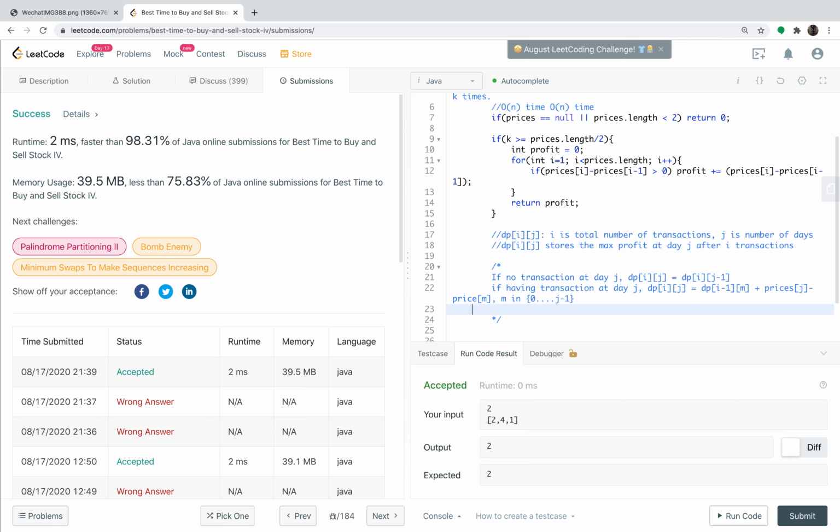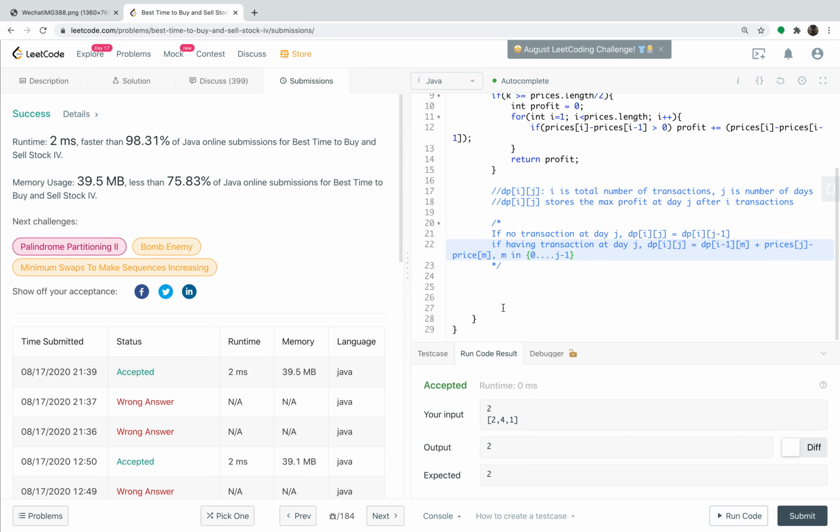That's the dynamic programming solution.